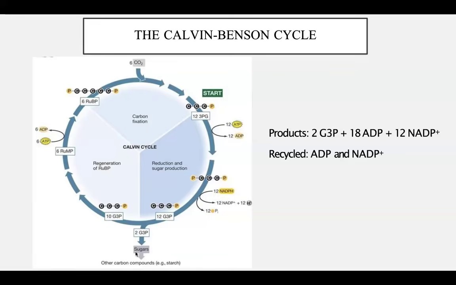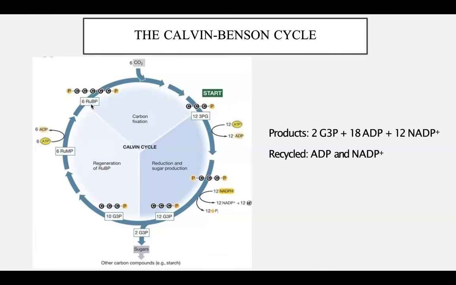These sugars don't have to be glucose, it could be cellulose, it could be starch, but 2 out of the 12 G3P become sugars. However, the remaining 10 G3P need to regenerate RuBP. The way that G3P gets regenerated, G3P eventually becomes RuMP. After that RuMP is formed, 6 more ATP is used and converted into ADP, and RuMP becomes RuBP, starting the cycle again.